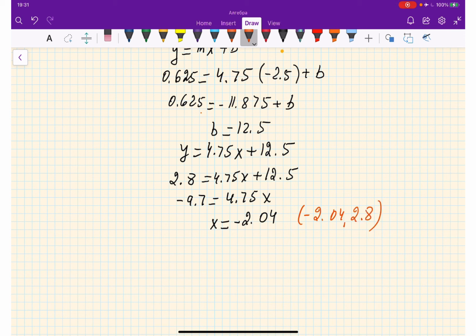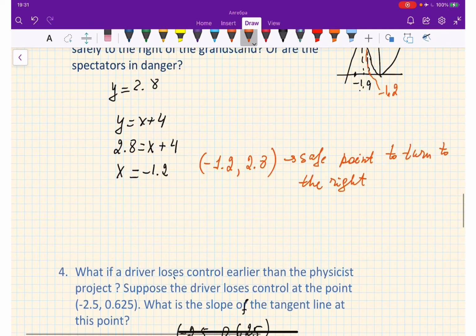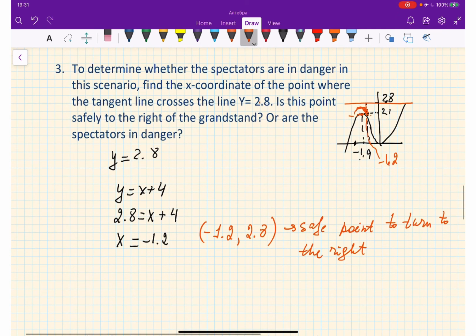The x coordinate of the tangent line is approximately negative 2.04, and a car traveling on that path would hit the grandstand. Why? 2.04, it's right here, right? It's coming right here and falling at 2.04. It's going to hit here.